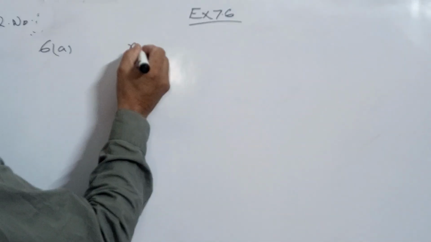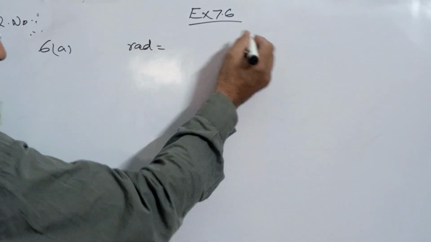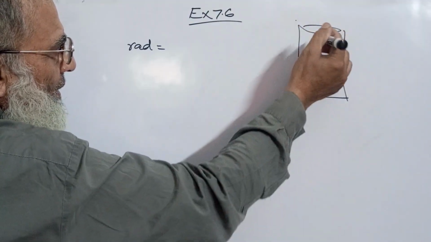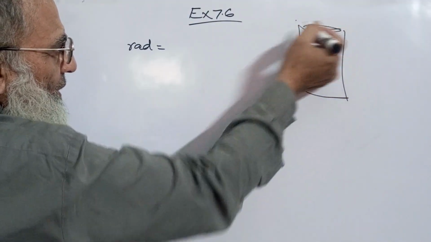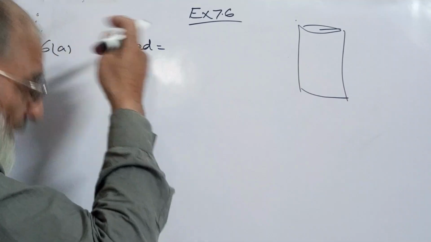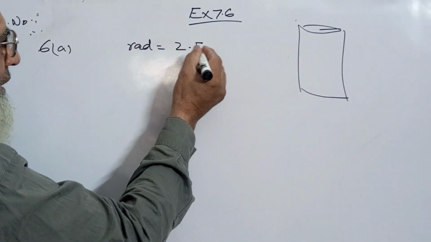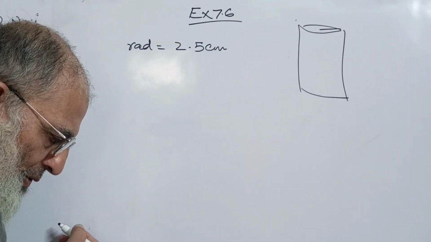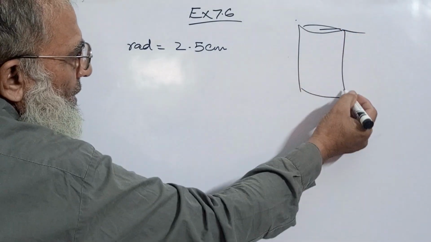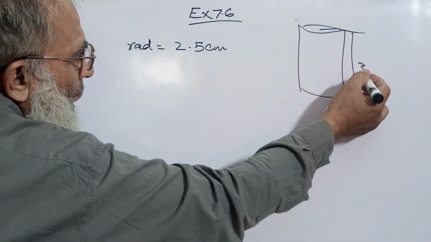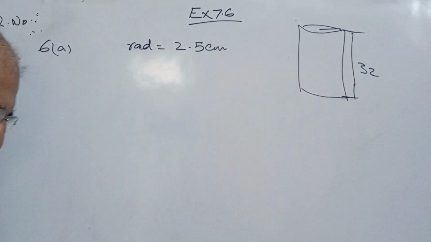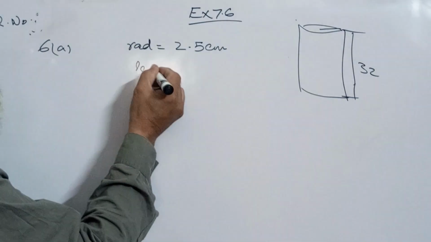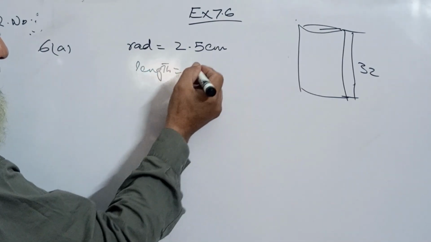The radius of this cylinder is given, 2.5 centimeter, and 32 is its length. It is a very easy question.